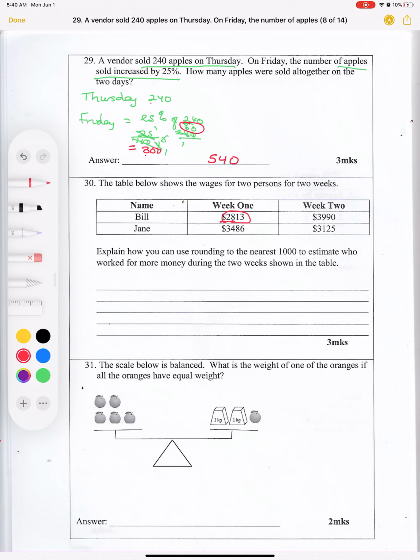So we'll round that off to 3,000. 3,990 is almost 4,000. 3,486 is not almost 4,000, so we'll round that down to 3,000. And 3,125 can be rounded down to 3,000.